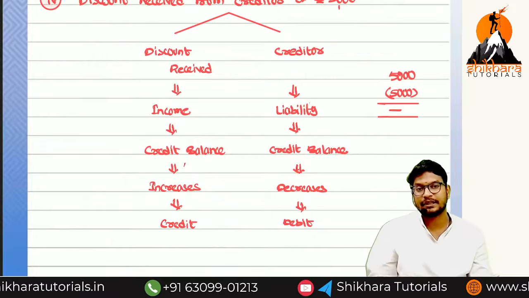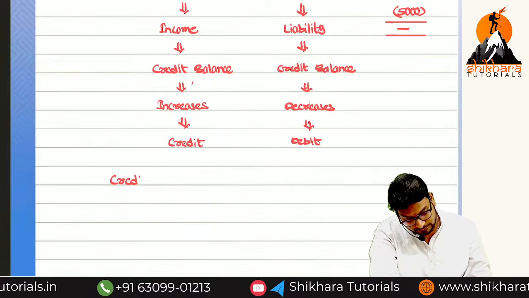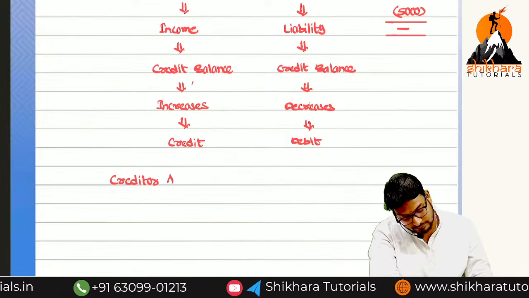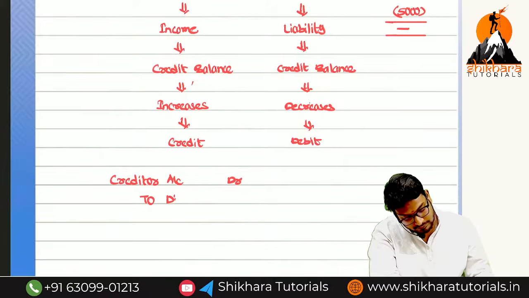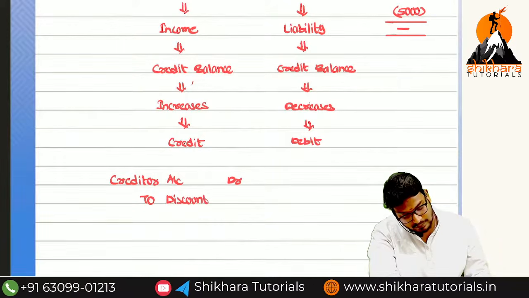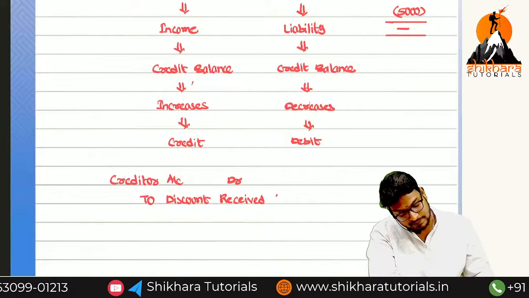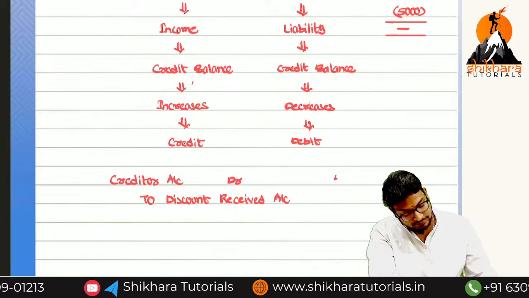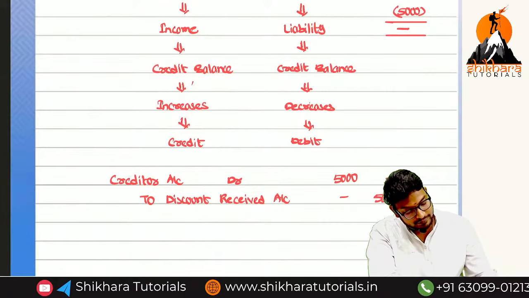Creditor account debited to discount received account. How much? 5,000 and 5,000.